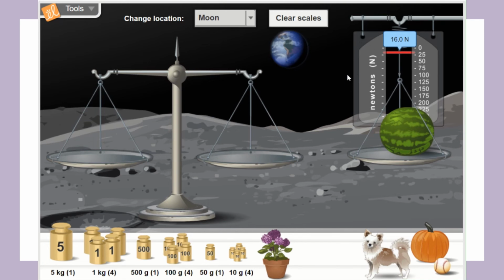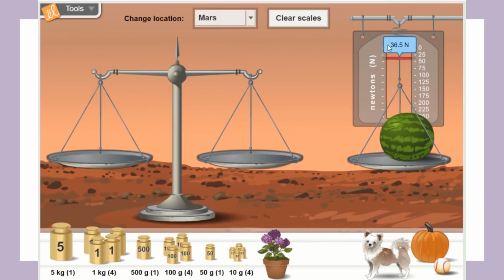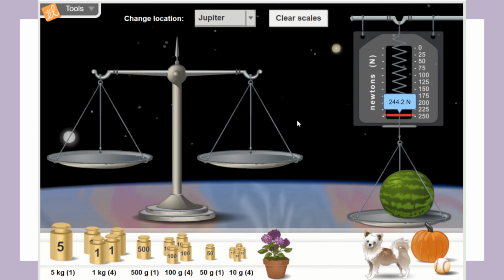If you actually use a calculator, you would see that it is 6 times less. Okay, now let's go to Mars. The weight is 36.5 newtons. And let's go to Jupiter. Whoa, the weight is 244.2 newtons. So the weight differs from one place to another. It differs from one planet to another.